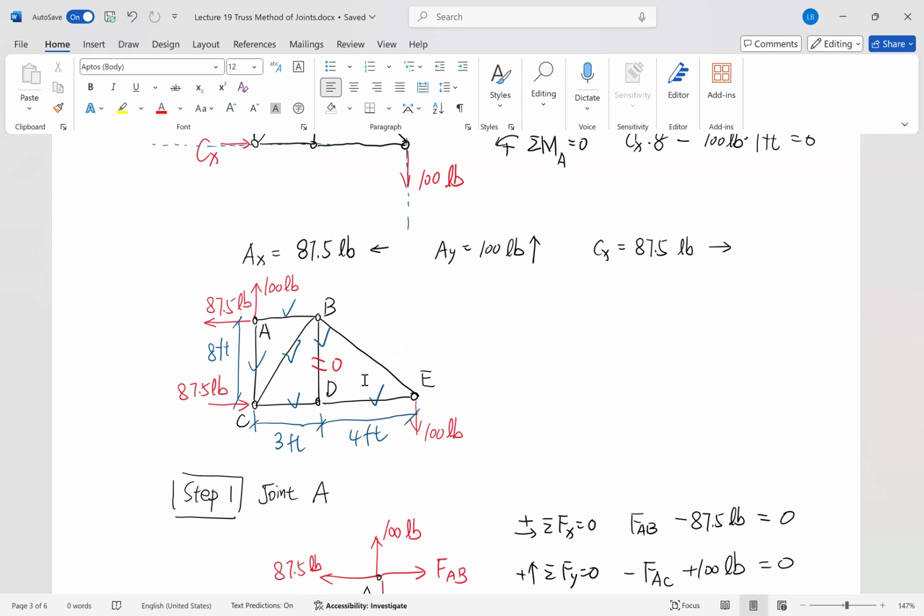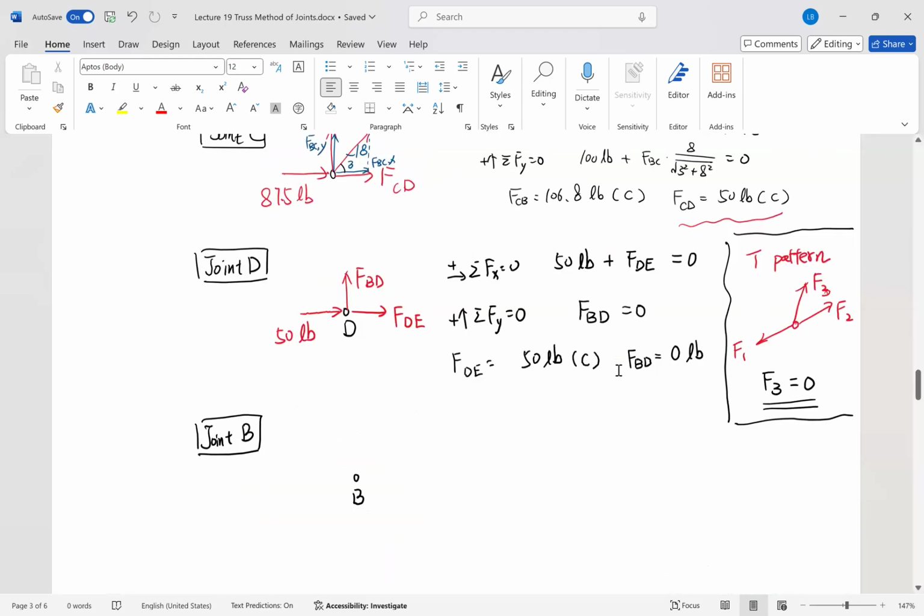This is a very important skill. So think about what forces we have on B. Just look at the members connected to B: that is AB, BC, BD, and BE.